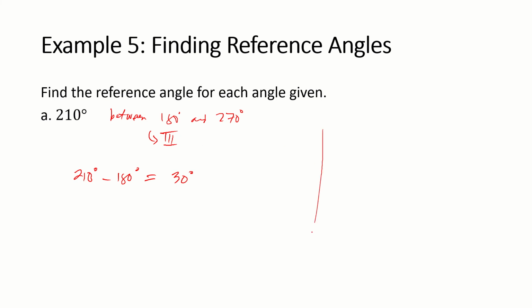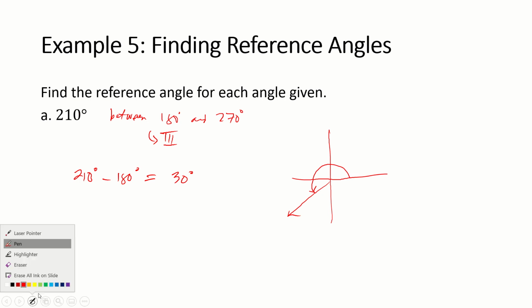So this means, if we have a Cartesian plane, just like this, this is our initial side and 210 degrees is somewhere here. And then our reference angle is this one, from our x-axis till our terminal side. So this is 30 degrees.